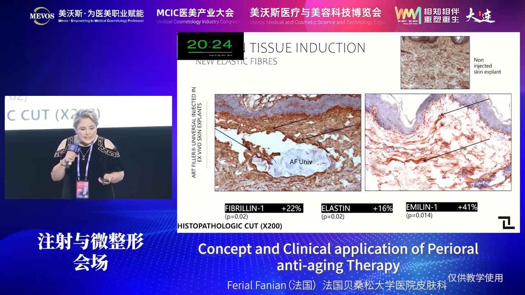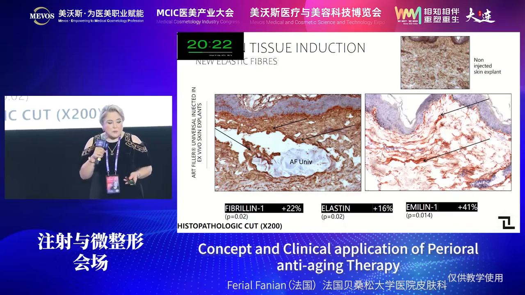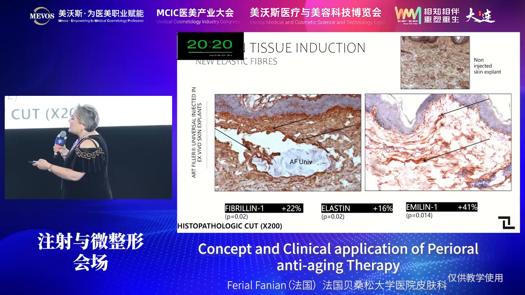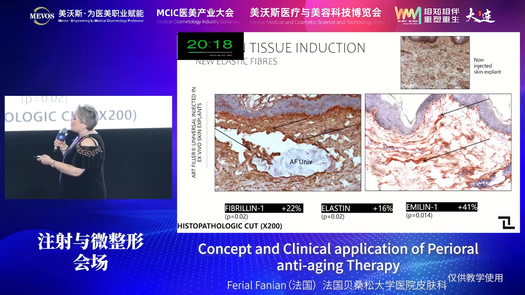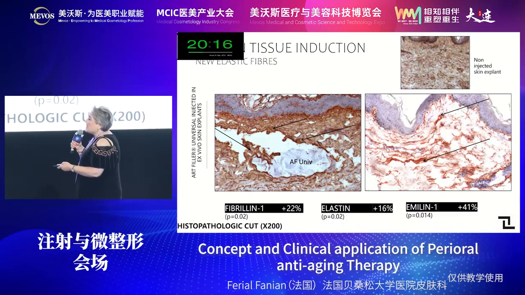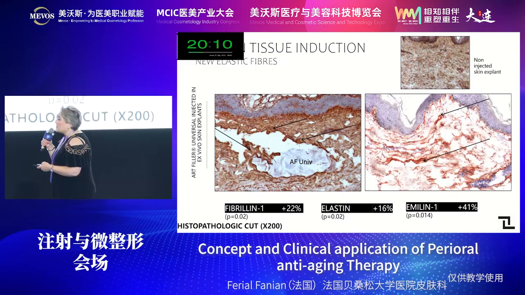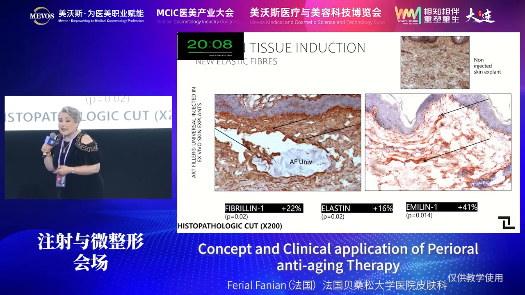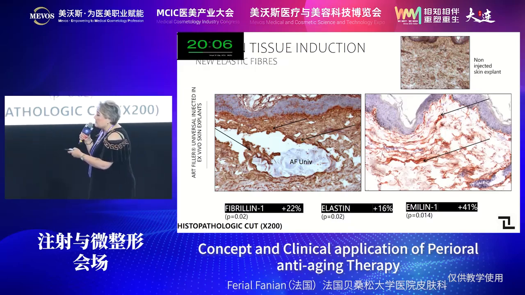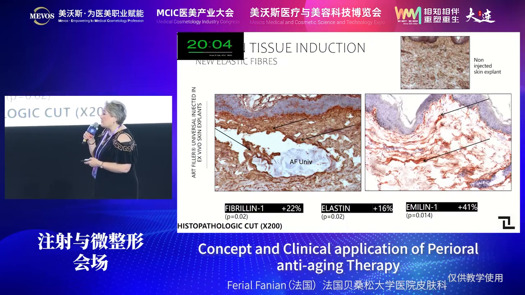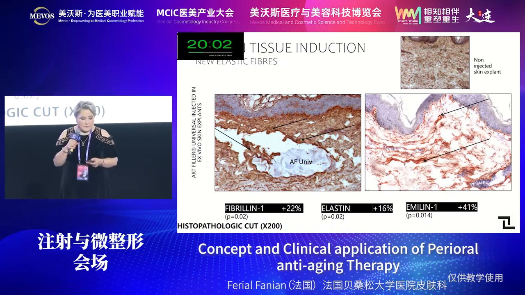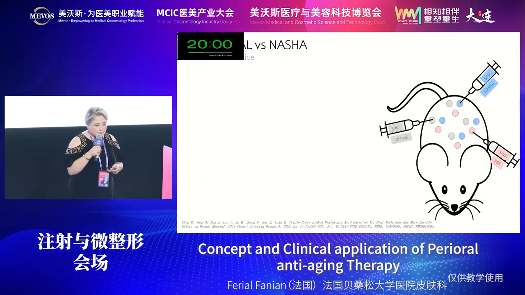And as you can see, after injection of one of the medium G prime products of this range, Tri-Hyal technology, we have the significant augmentation of the structural proteins like fibrillin-1, elastin, and collagen-1, significantly by 22, 16, and 41% of augmentation.